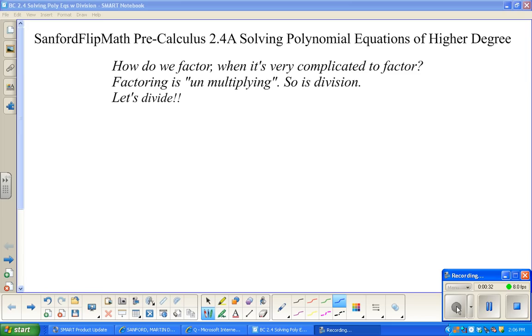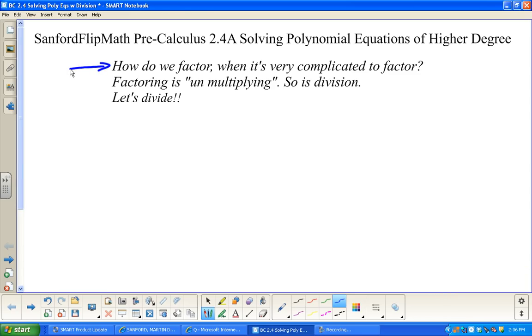And this time, as we get into things that are more complicated, how do we handle that? That's the issue. Many times when we're working with quadratics, we might factor, or you might use the quadratic formula, but factoring gets a little exciting when we're talking about things that are cubic or fourth degree quartic, etc. Factoring, a reminder, is basically unmultiplying.